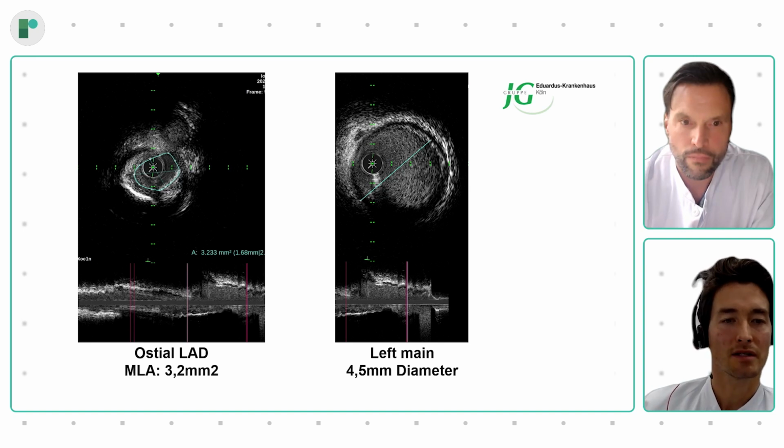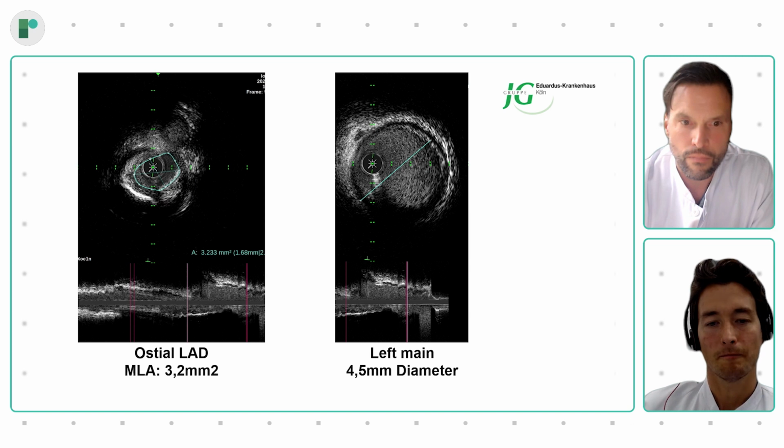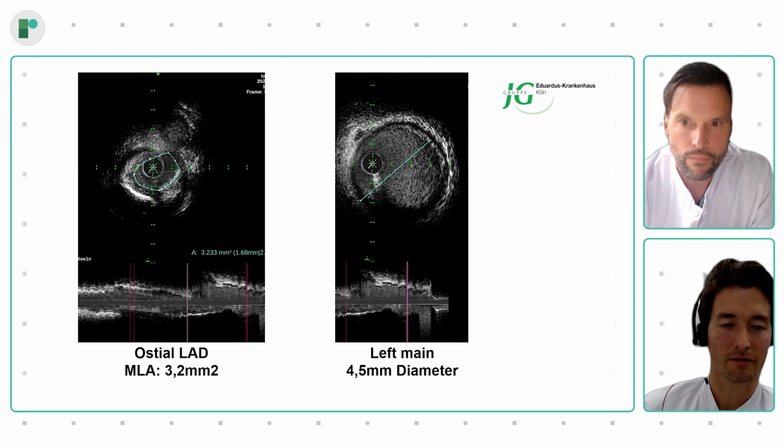In the IVUS, we then detected a severe calcified plaque with an MLA of 3.2. As I mentioned earlier, we're not supposed to use MLA measurements to judge the hemodynamic significance, but this situation is a left main-like situation, and of course, a significant lesion.